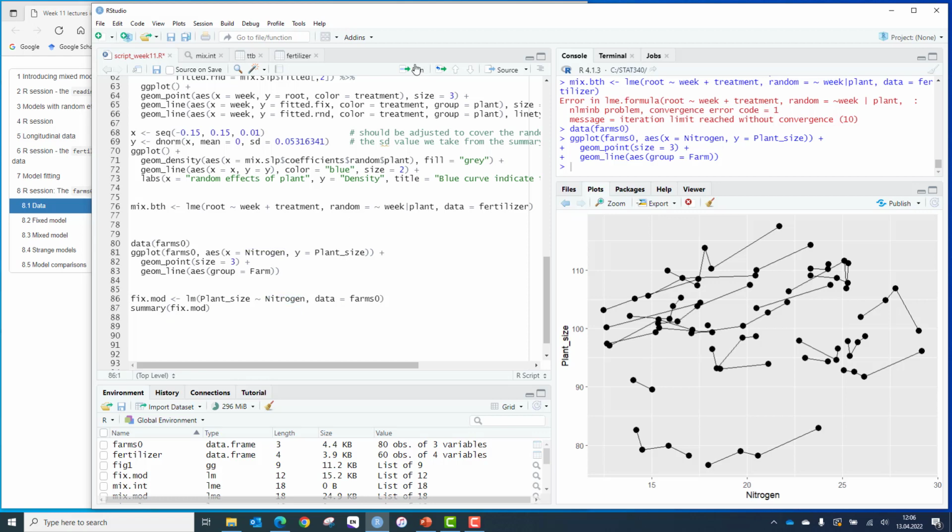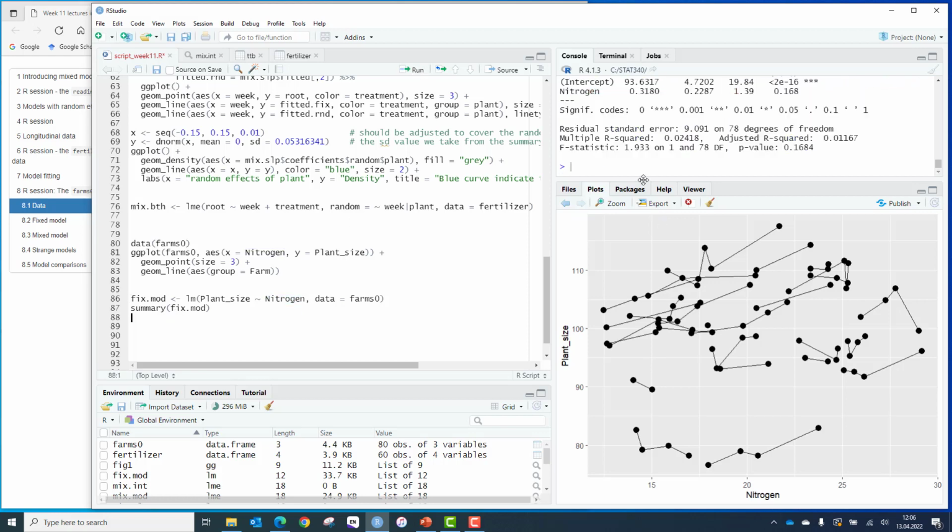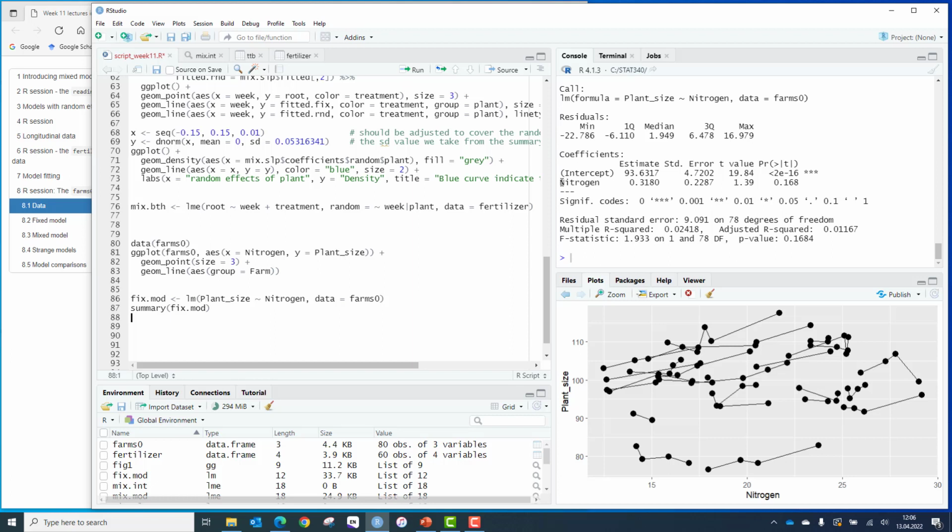And then look at the fixed model output. You can see that there is an estimate of a positive effect of nitrogen, but it's not significant. So you can imagine there is a weakly positive regression line here, but the variation is too big for this to be significant. Even if we have 78 degrees of freedom.